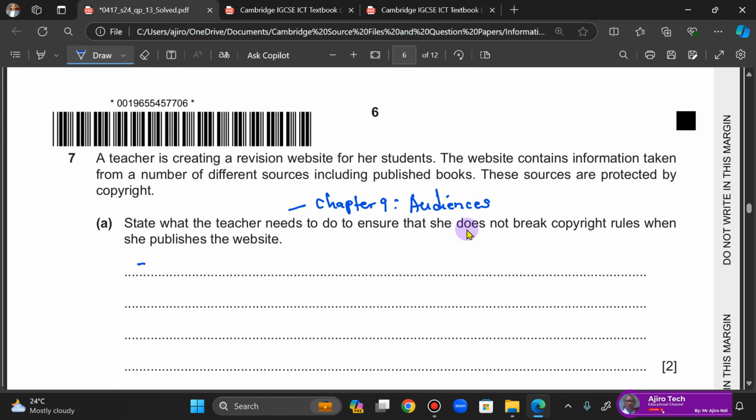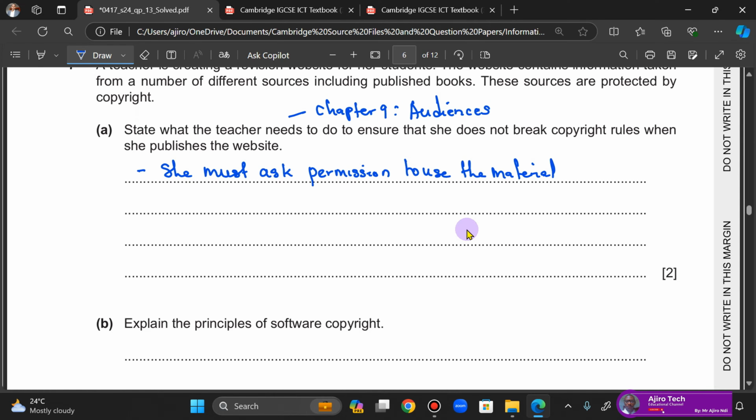So she must ask permission to use the material.